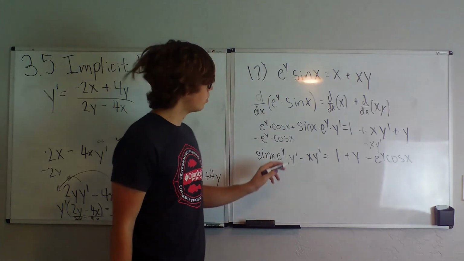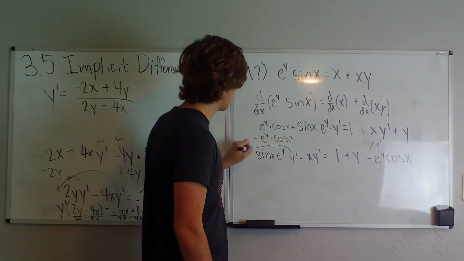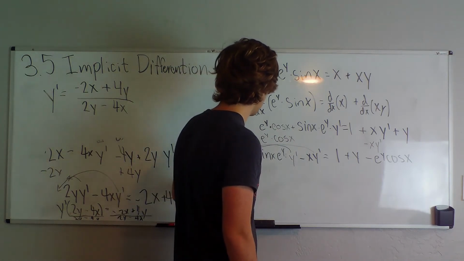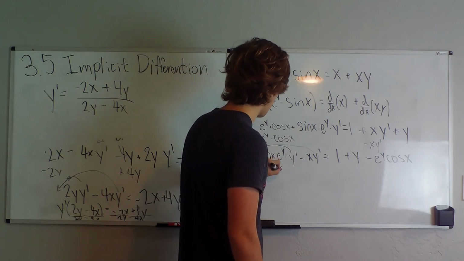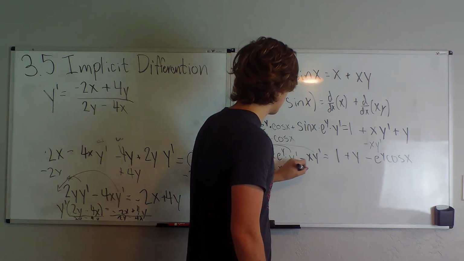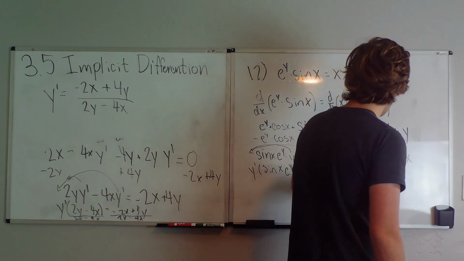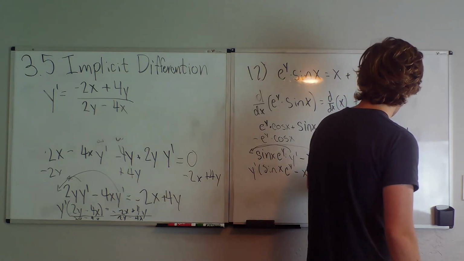And now we have two y primes all on one side. We can pull them out, and we get y prime of sine x e to the y minus x is equal to 1 plus y minus e to the y cosine x.